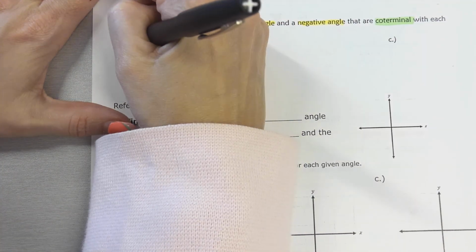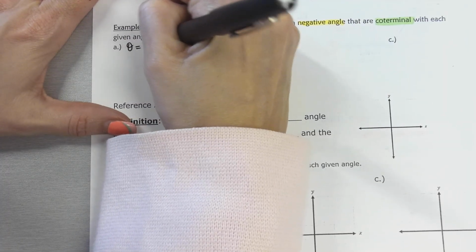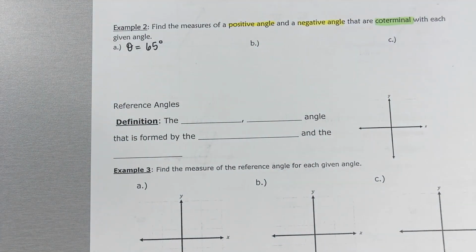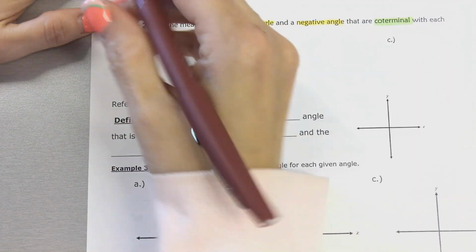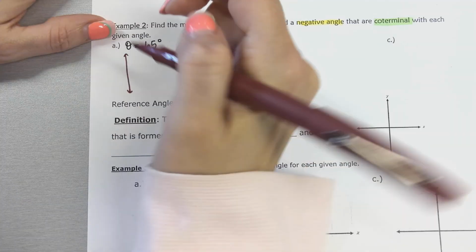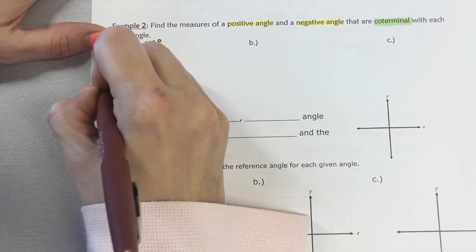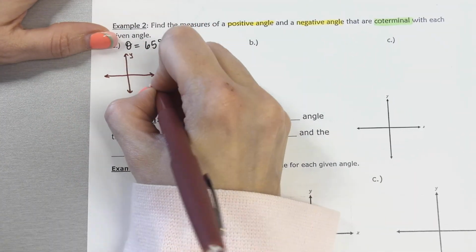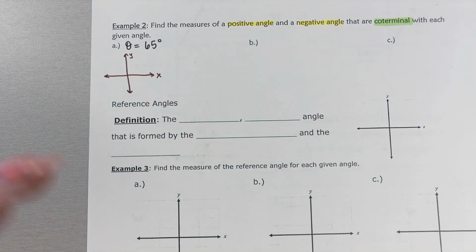And for A, you're given that theta is 65 degrees. So let's go ahead and draw that. Okay, I want you guys just to estimate where that value of theta is. Okay, so you are graphing the 65 degrees.